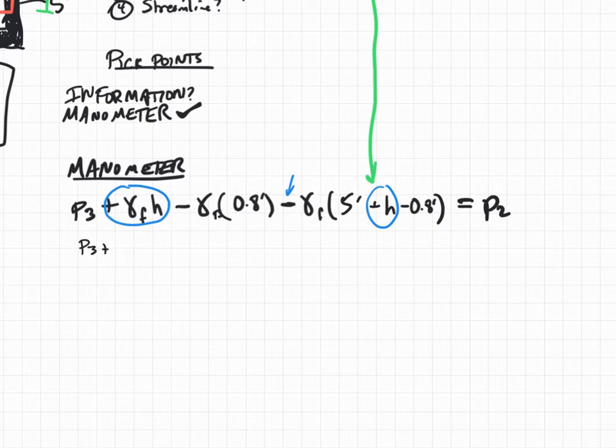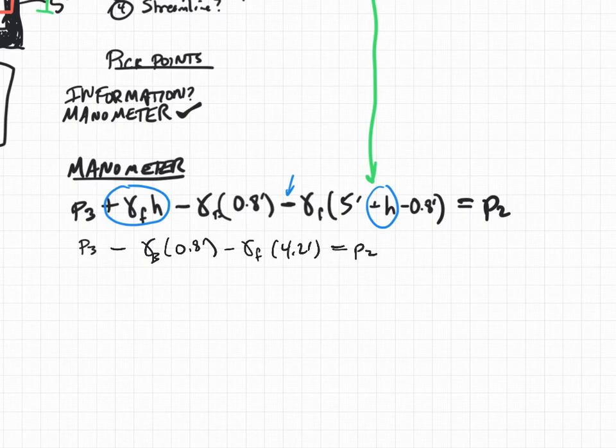Okay, so we've got minus gamma, black fluid, whatever that is, times 0.8 feet, minus gamma F times 5 minus 0.8, which is 4.2 feet, equals P2.